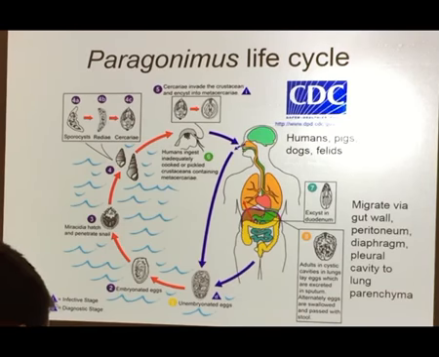But in the case of Paragonimus, the second intermediate host is not a freshwater fish, it's actually a freshwater crustacean. Various species of freshwater crustacean, freshwater shrimp, freshwater crabs, crayfish, things like that, can act as second intermediate hosts for the Paragonimus life cycle.